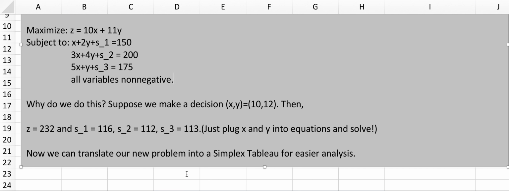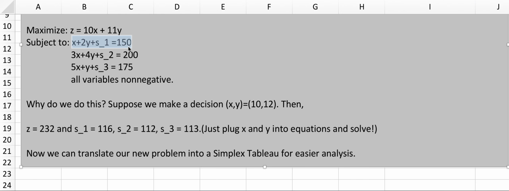Again, let's just suppose that someone wanted to make a decision. We're going to choose x to be 10 and y to be 12. That decision is probably not optimal, but it is a feasible solution because it does actually satisfy the original inequalities. And I can see that from the new problem. If I plug in 10 for x and 12 for y, then in this first equation, what do we get? We get 10 plus 24, so that's 34.